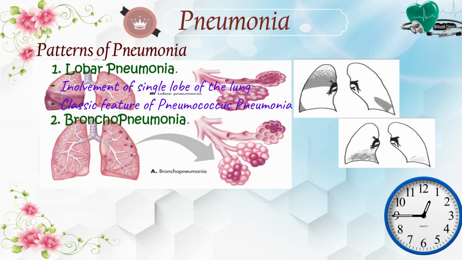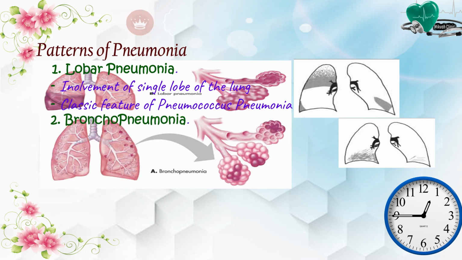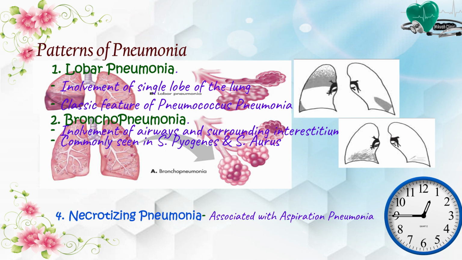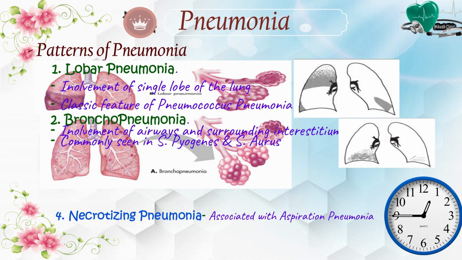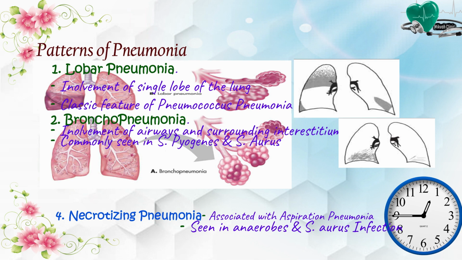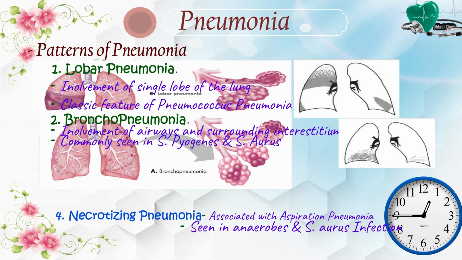And the other one is bronchopneumonia. It is involvement of the airway and the surrounding interstitium, and commonly seen in Streptococcus pyogenes and Staph aureus infections. The third pattern is necrotizing pneumonia. It is associated with aspiration pneumonia, especially where the etiologic agents are anaerobes, and Strep pneumoniae and Staph aureus are commonly associated with necrotizing pneumonia.